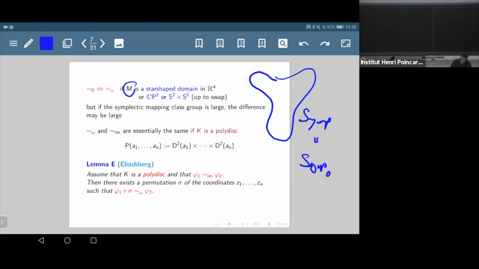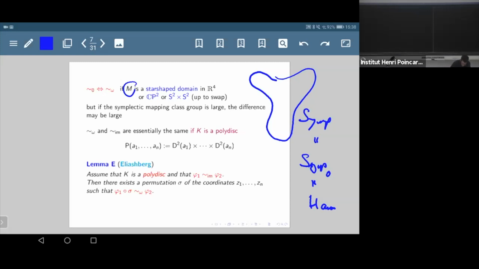And because in these targets there is no H1, there is no difference, right? Okay. But in high dimensions, we don't know anything about the mapping class group, and then these relations may be indeed heavily different, but nothing is known. There is no result in dimension 6.